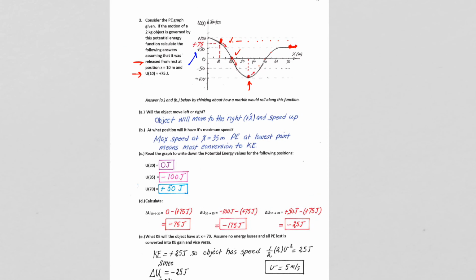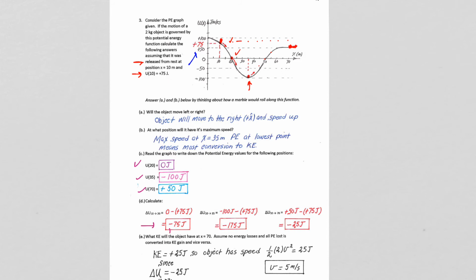The actual joule values, as it says here, read the graph, right? So it has 0 joules at position 20. It has negative 100 joules at position 35, and then reaches back to 50 joules. Now, from 10 to 20, the change in potential energy, it lost 75 joules.